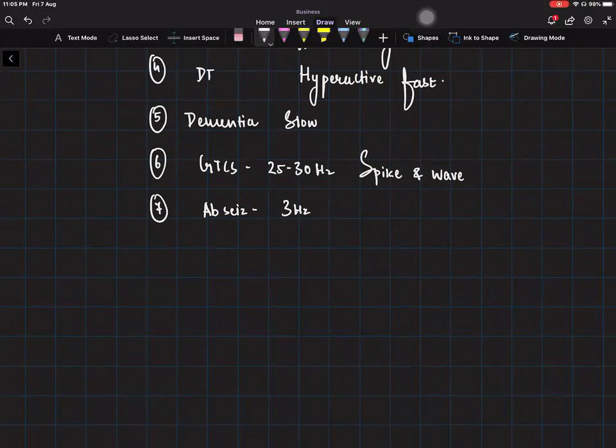Initially, the epilepsies were classified based on the symptomatology or the clinical aspect. So you would have generalized tonic-clonic seizure or partial seizure. Now the new classification, if you all have gone through, is essentially seizures which are focal in origin, seizures which are generalized in origin, and seizures which are initially focal and then generalized.